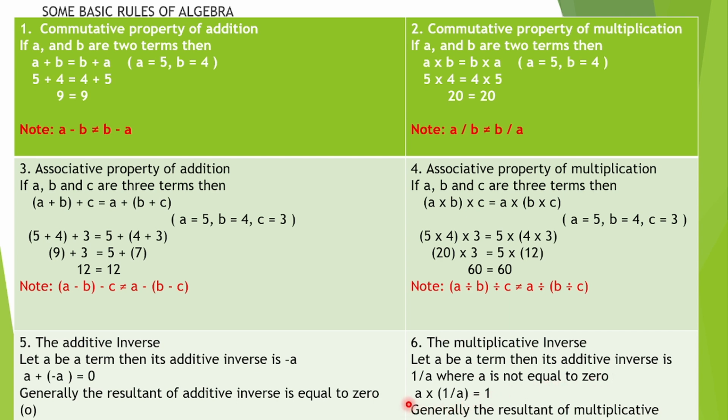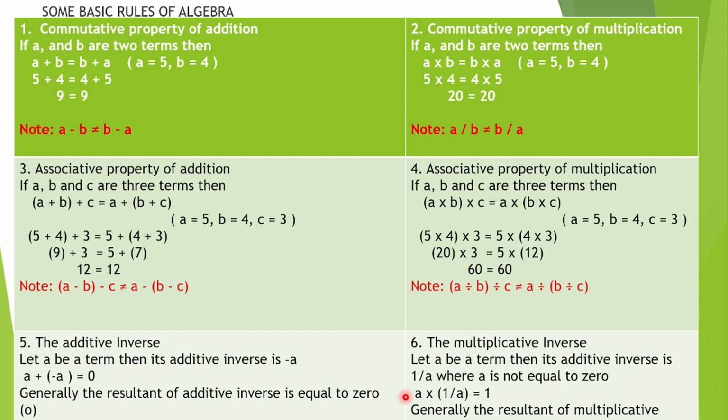So here, if you have any term, the multiplicative inverse of that term will be its reciprocal. For example, if you have a term b, the multiplicative inverse of b will be 1 over b. If you have the term 5, the multiplicative inverse of 5 will be 1 over 5.